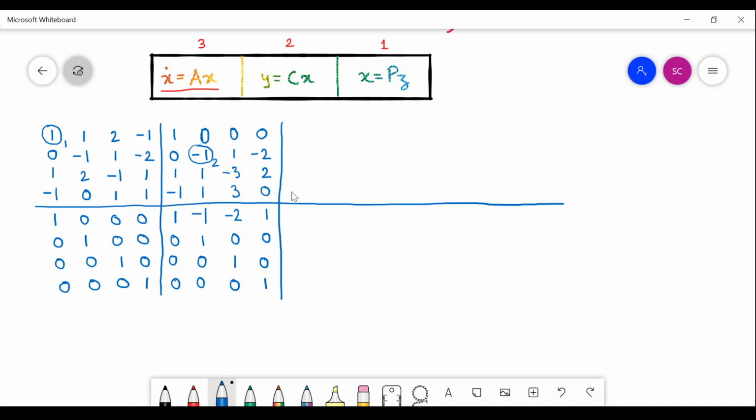So it is really up to you. You can choose your own pivot element. I have chosen this one.